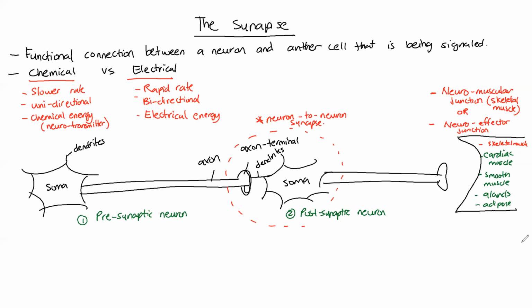Okay. Let's look at the distinction between central and peripheral nervous system. So as someone very nicely just pointed out, the neuron-to-neuron synapses exist within the brain and spinal cord. That is where we have the central nervous system, okay? So anytime we have a neuron synapsing to another neuron, this is happening within central nervous system. In other words, brain or spinal cord.